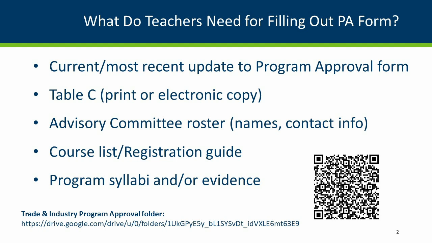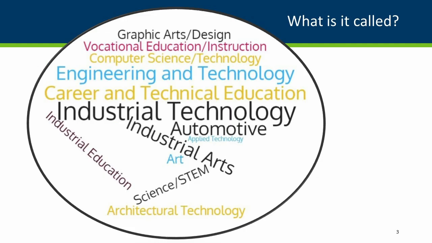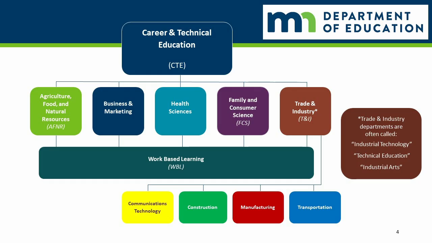Now, I mentioned trade and industry, and you might go, I don't know what that is. What teachers are that? Well, I've got a list of some of the representative names of them right here. So you might be one of these type of teachers. However, it covers more teachers than that. It's a subset of the giant career and technical education umbrella that includes other program areas. Trade and industry is a term we use to describe a specific set of program areas.